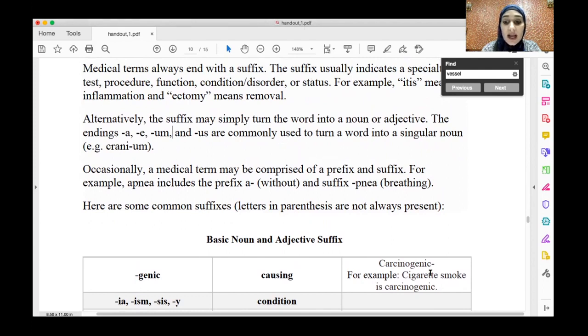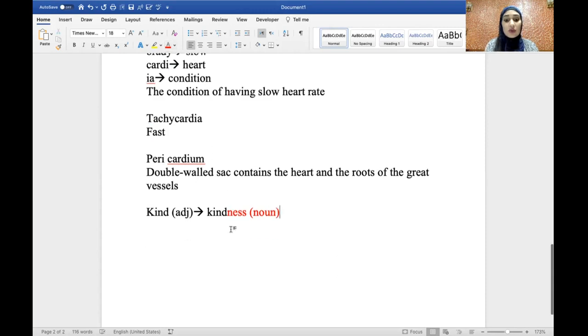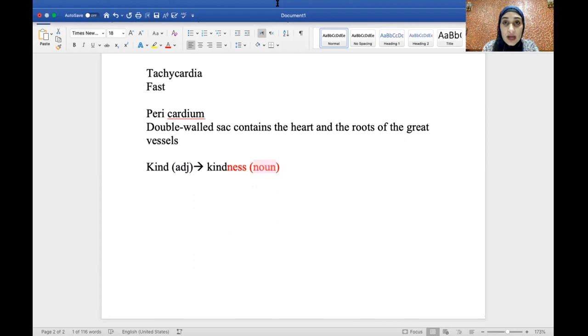It turned the adjective into a noun. Kind is an adjective, and kindness is the noun form. So the suffix may turn an adjective into a noun and sometimes a noun into an adjective.